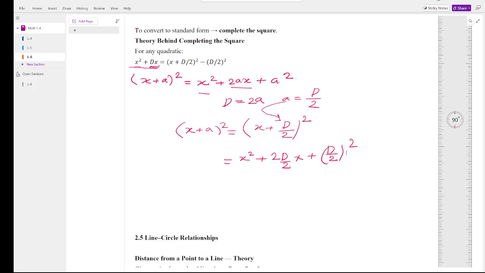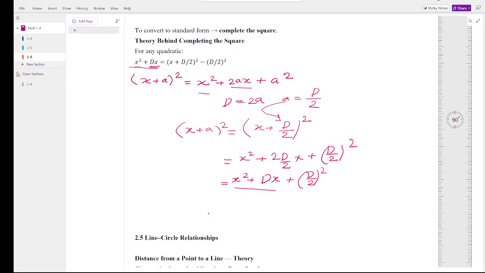Then x squared plus dx plus d by 2 whole squared. But we had only x squared plus dx. This is the extra one.